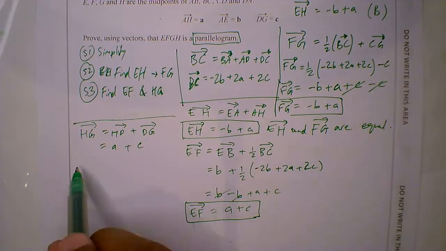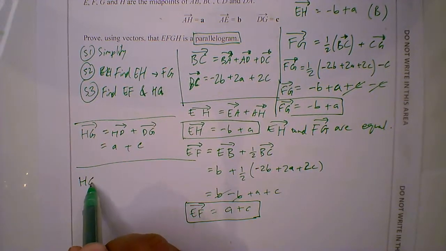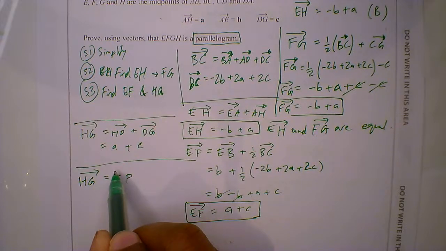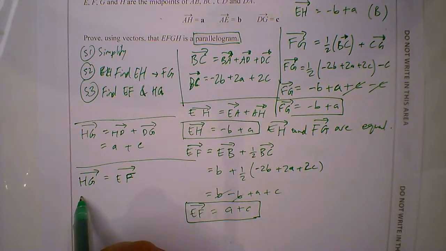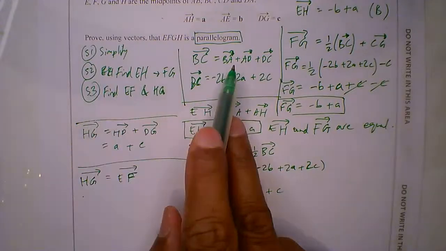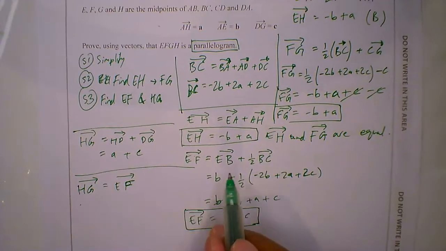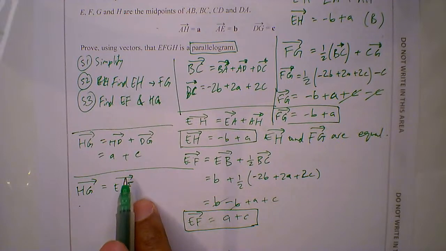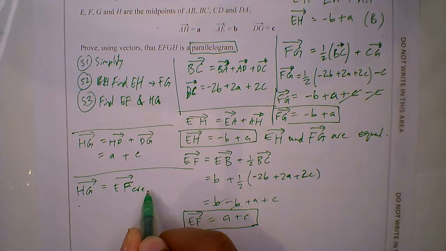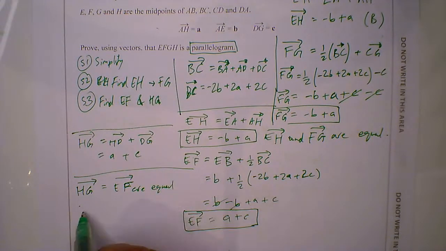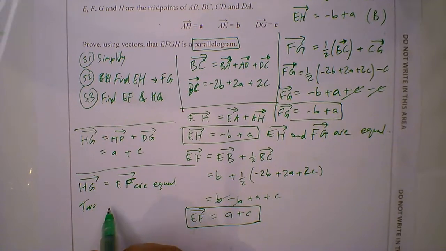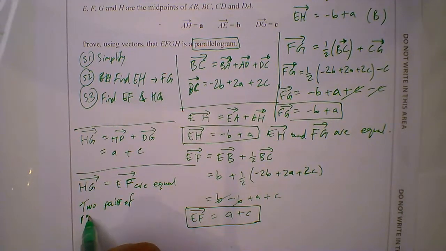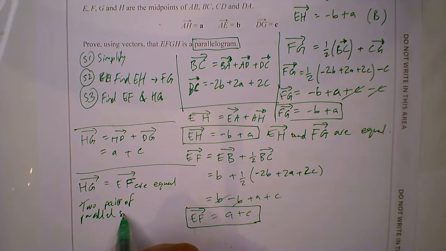So we can write that as a sentence. HG is equal to EF. So we've proved both of them, so let's put them all in one place. So EH and FG are equal, HG and EF are equal. So we've got two pairs of parallel sides.